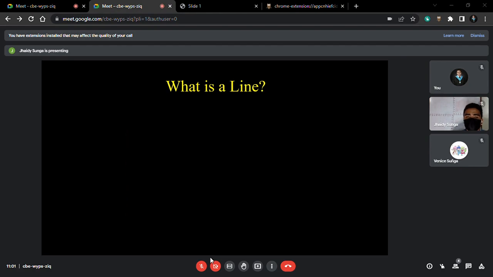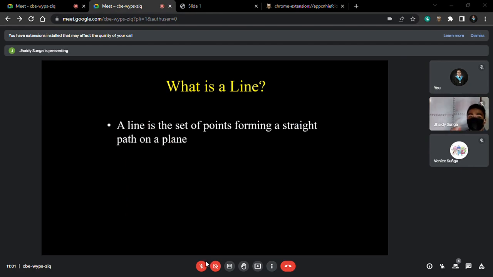A line is a set of points forming a straight line on a plane. It is a set of points forming a straight path. These are the set of points, and that is a line.